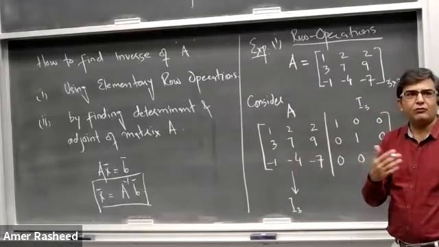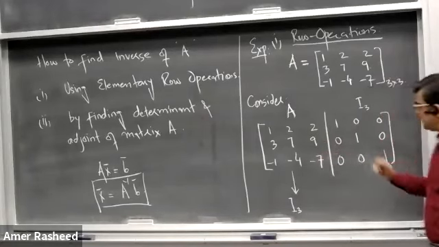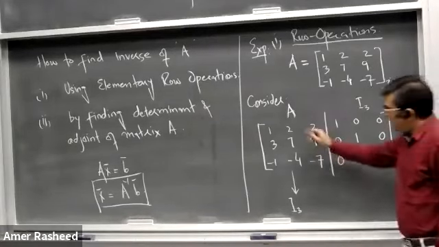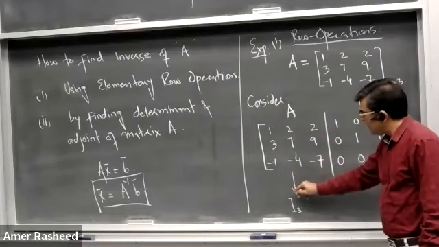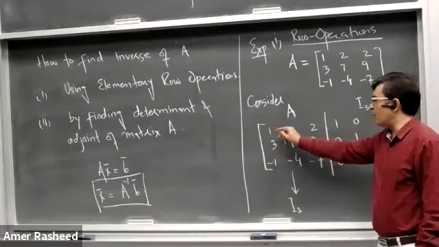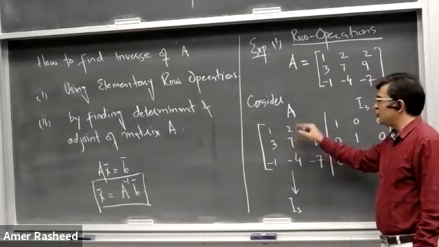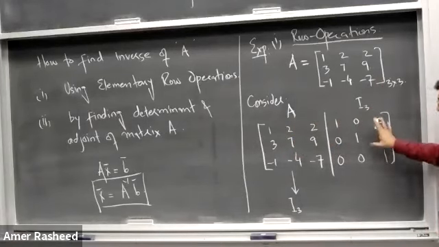We have already discussed a lot about reduced echelon form. In order to transform this matrix into reduced echelon form, the elementary row operations which you apply on this matrix, you apply the same operations on this matrix as well.